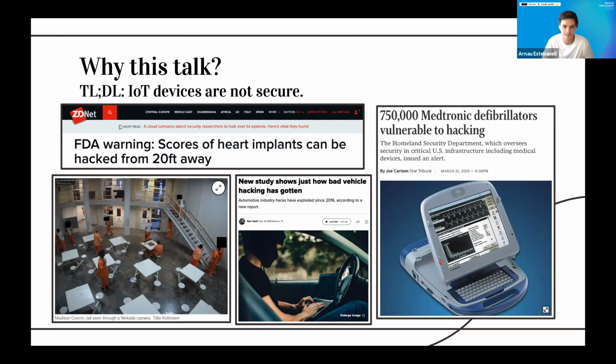In this data breach, access to an administration interface was lost, so credentials were reused, and the hackers got access to more than 150,000 webcams. The image you can see at the bottom left of the screen is the Verkada camera in the Madison County Jail, where you can see the inmates doing their daily things.